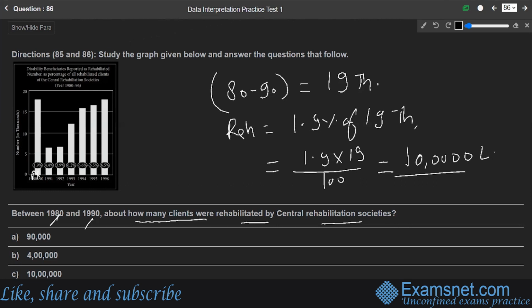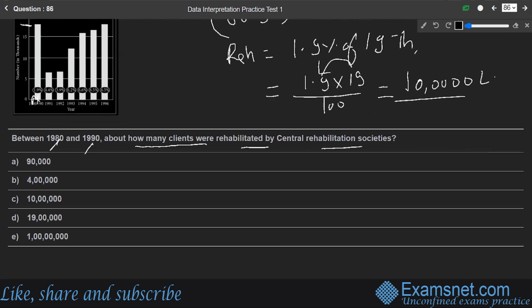That should be the right answer. Obviously that is an approximated value, because we have no indication of what the values between 15 and 20 mean. That's why we approximated the value to be 19 so that the calculation becomes easy with respect to 1.9. So the answer becomes 10 lakh. It is available directly in option C, so that becomes the right answer.